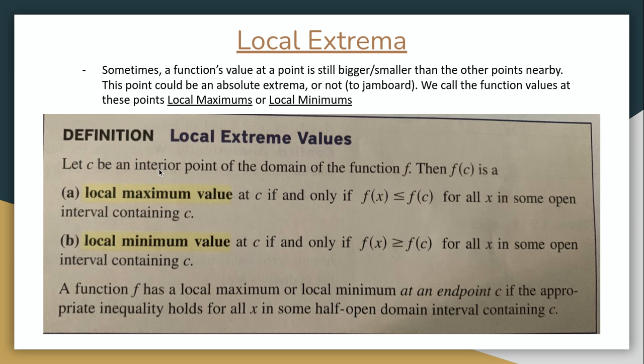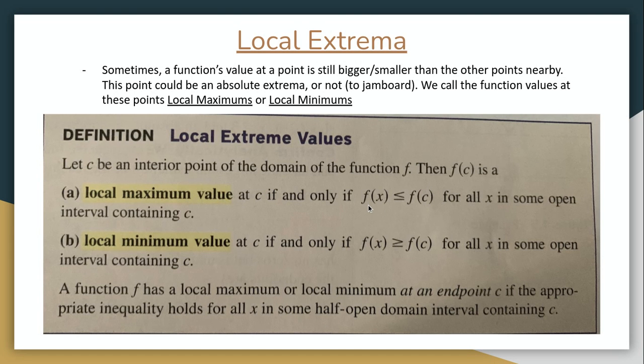All right, so the definition the textbook gives is this. Let c be an interior point. That just means we're picking some x-coordinate c. Then the function value at that point, f of c, the height of that point, is a local maximum value if the function values around it are less than the function value at that point. So it's a really complex way of saying what I said.